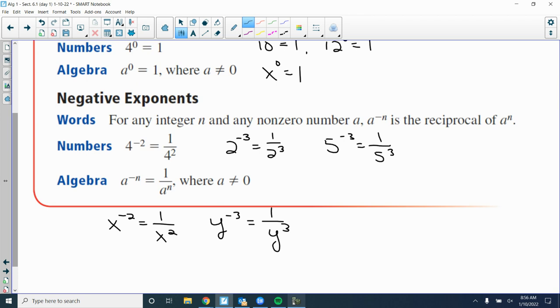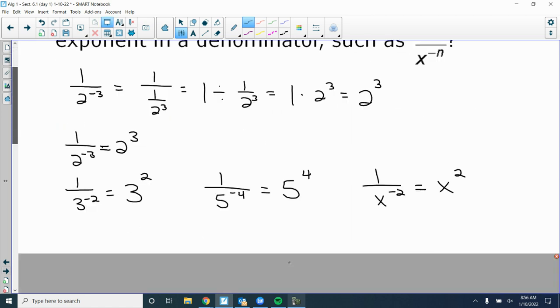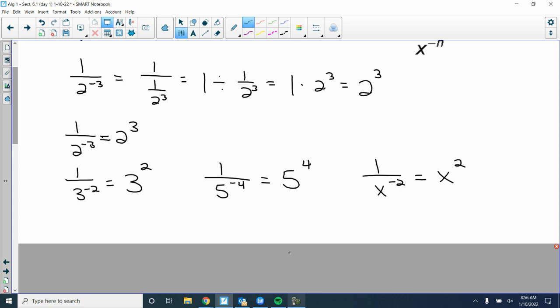If it's already in the denominator, when I make it 1 over and do the math, it's going to end up in the numerator. That's always going to be the case. I know it's a little confusing at first, but just keep it simple. If it's a negative exponent, to make it positive, move it to the other side.